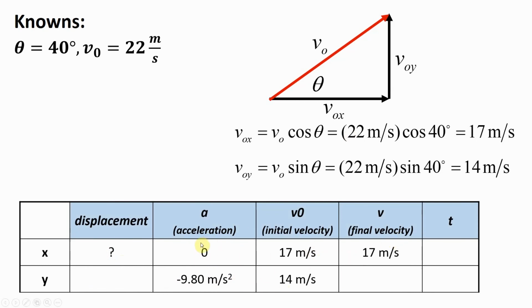Because there is no acceleration in x, its final velocity is the same as its initial, but I don't know the final in y yet, and I don't know how long the ball is in the air. So the plan that we constructed on the last slide says I'm going to use the y motion to find t, then I'm going to use t and this velocity to find the x displacement.